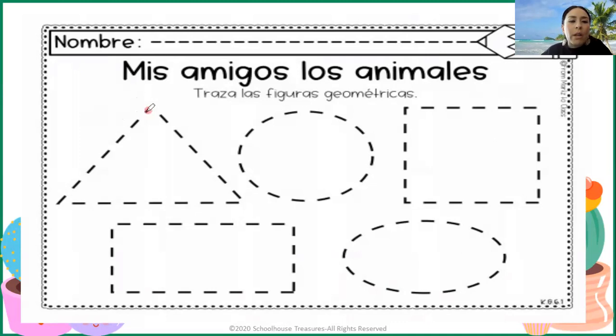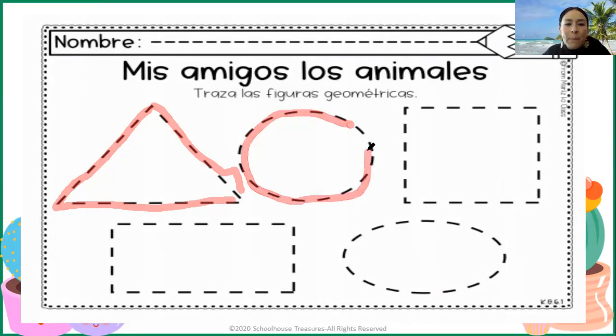The first thing that I want you to do is I want you to draw these figuras geométricas, okay? Draw them on your paper or whiteboard. Do your very, very best to make them just like this.